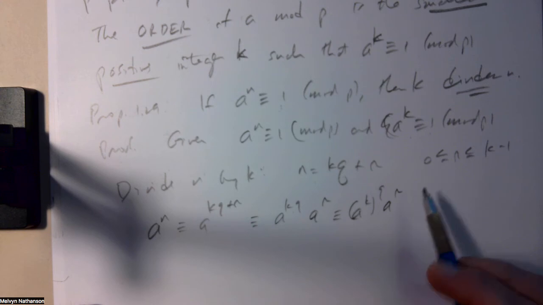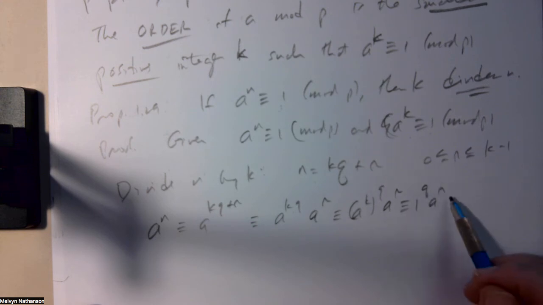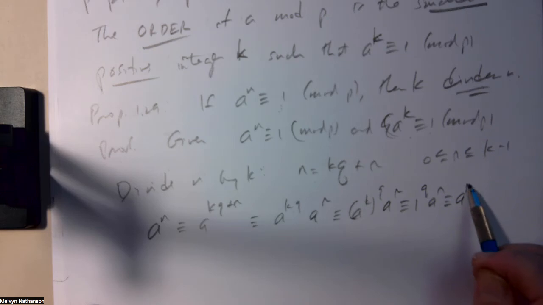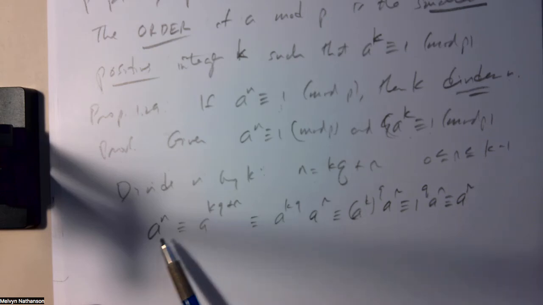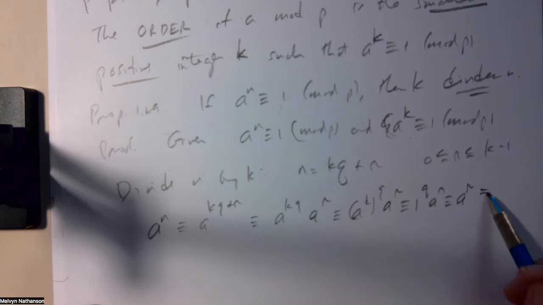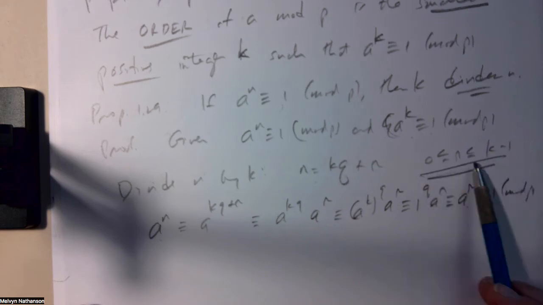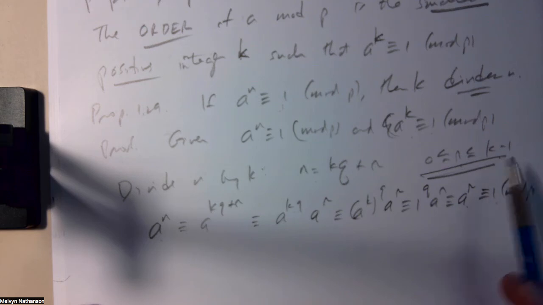But a to the k is 1. So this is 1 to the q times a to the r, and 1 to any power is 1. So this is a to the r. But a to the n is congruent to 1 mod p. So a to the r is congruent to 1 mod p, and r is between 0 and k minus 1.